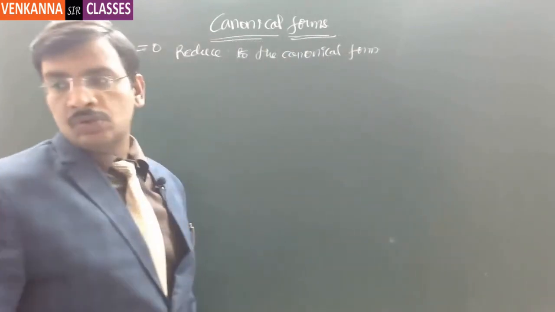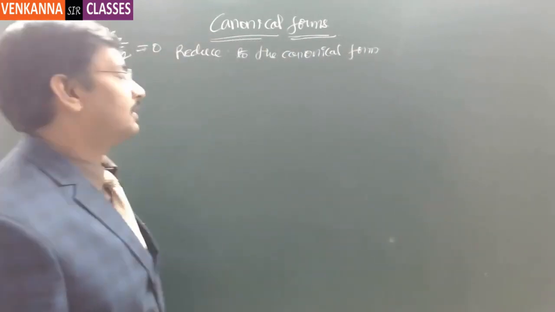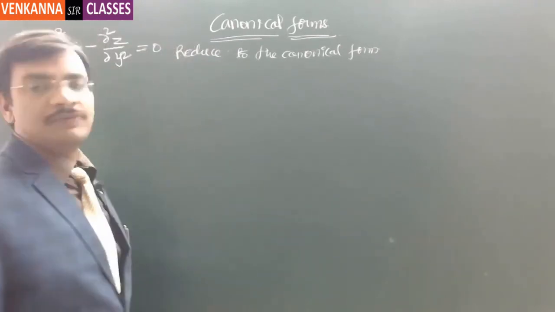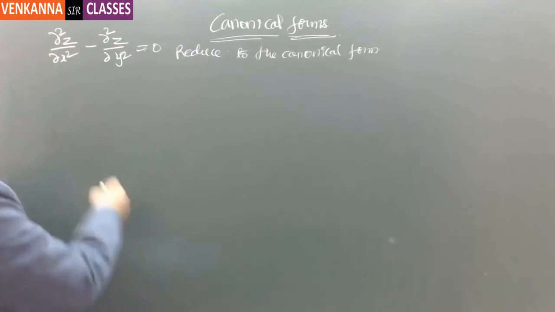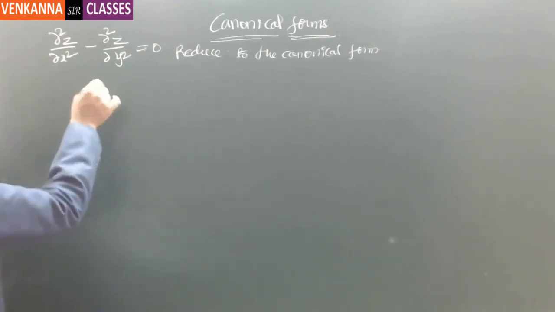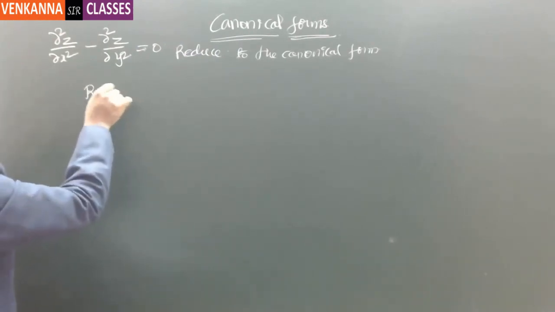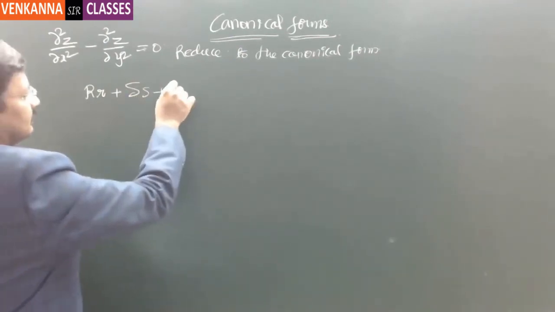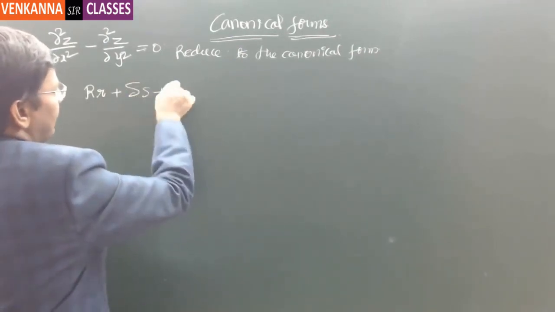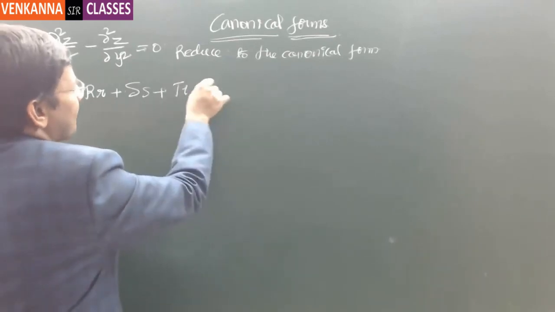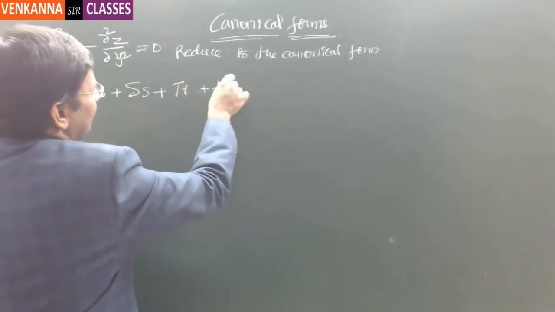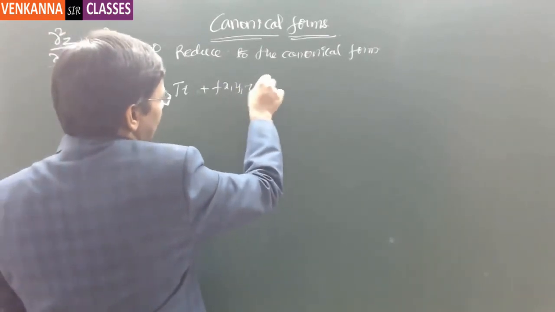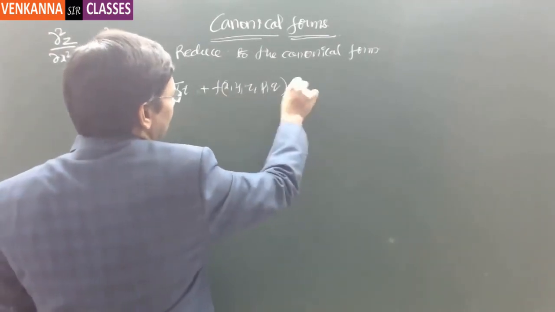So to bring it into the canonical format, the way we proceed is, first you have to identify the equation in the form r into small r plus s into small s plus t into small t plus f of x, y, z, p, q equal to 0.